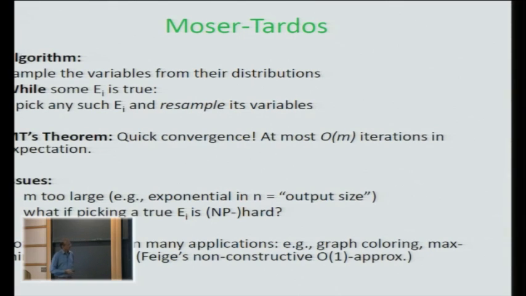Perhaps the most natural algorithm, and we'll see there's actually a simple proof for this, and like I said, I hope to demystify part of it at least. So their main theorem is, with some slight qualification you have to make here, but this is essentially true, that the expected number of resamplings is at most O of m.